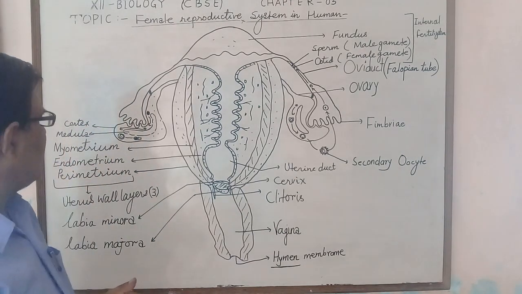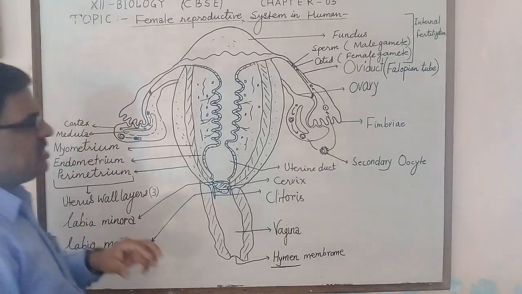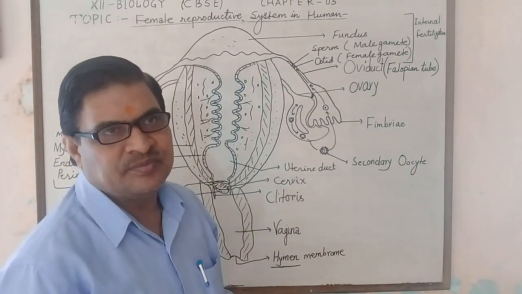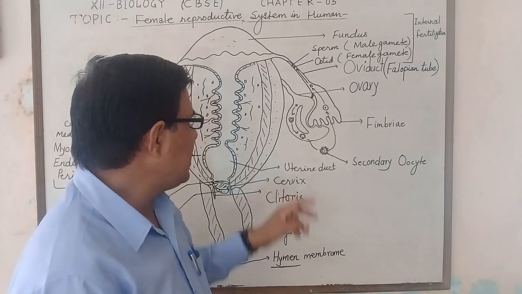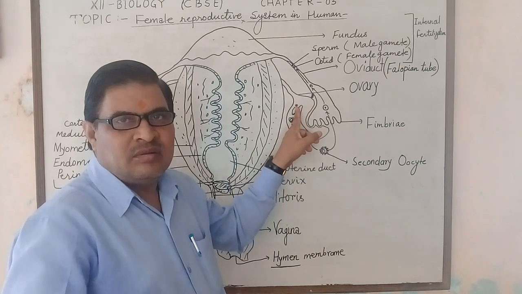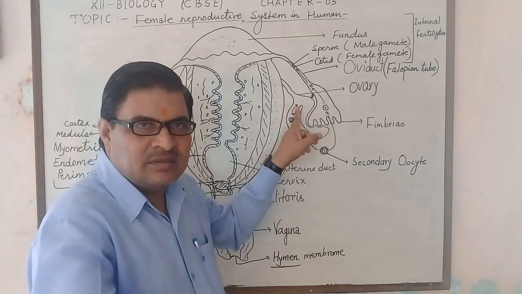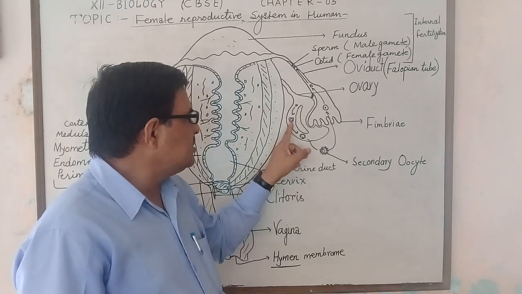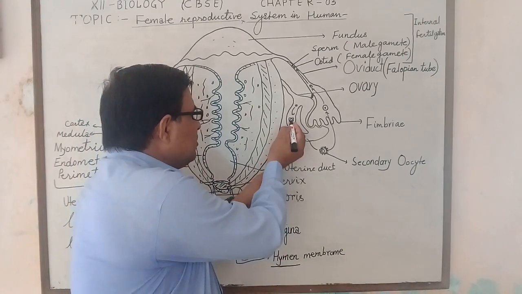In the cortex, development of the Graafian follicle takes place, like the primary Graafian follicle, which is surrounded by one layer.